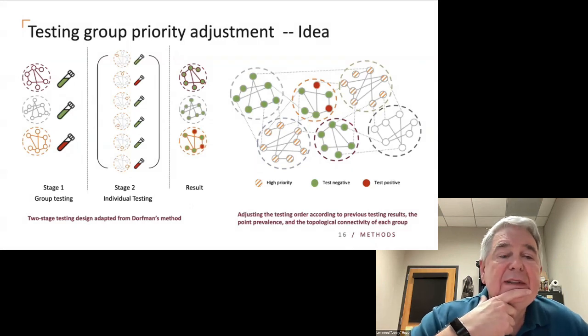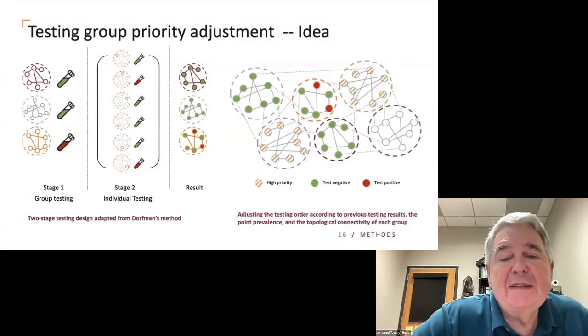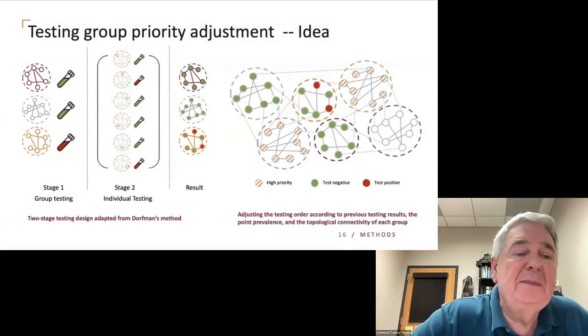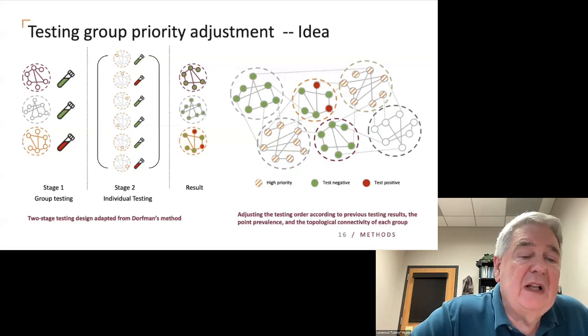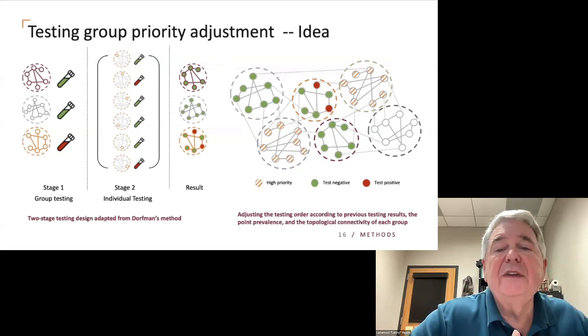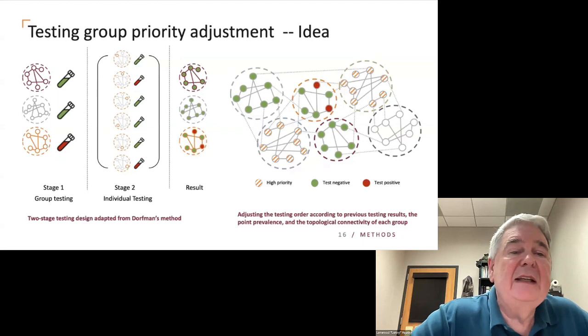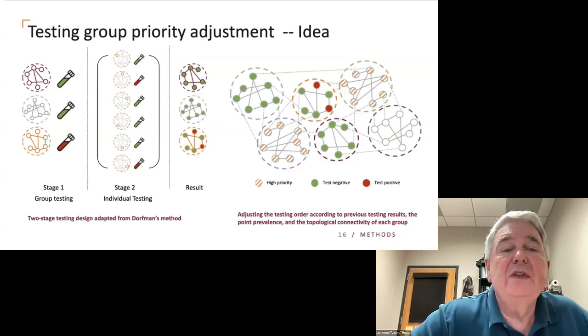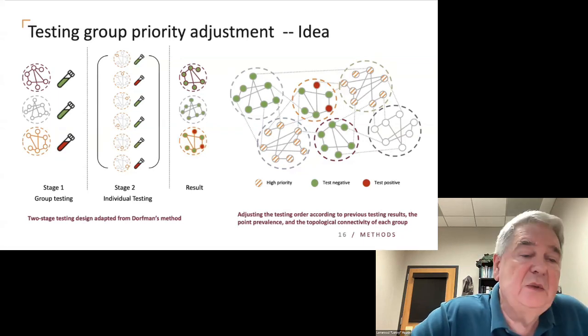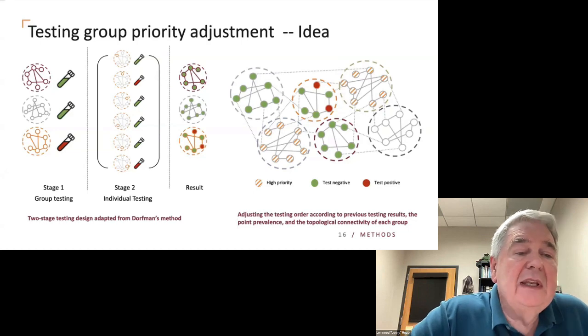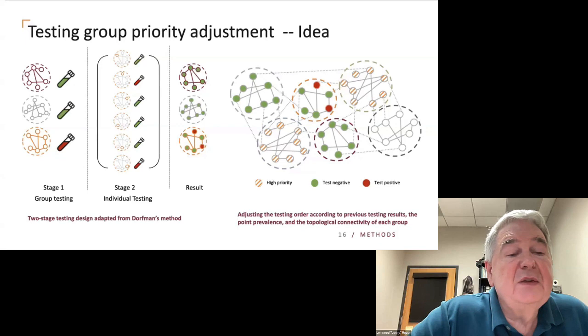So just one step of the group testing in this regime is as follows. We're on to the second idea, the idea of testing according to a group priority situation. Let's say we have enough testing to test 3 of the subgraphs, as we have on the left.